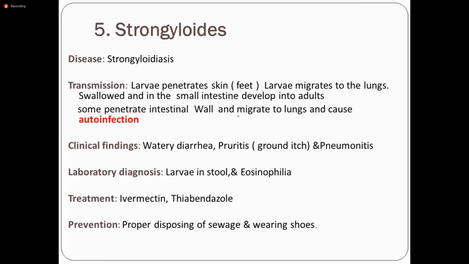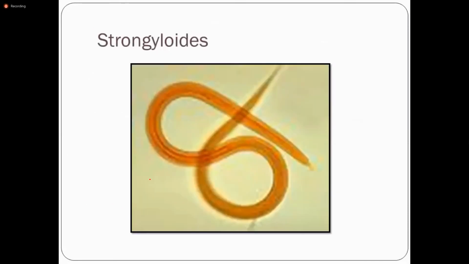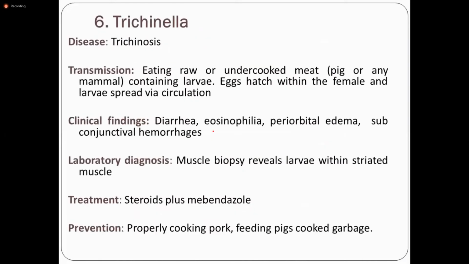Clinical findings will be watery diarrhea, pruritus, and pneumonitis. Laboratory diagnosis: larvae in the stool and eosinophilia. So this was Strongyloides. It is somewhat similar to hookworm infection.